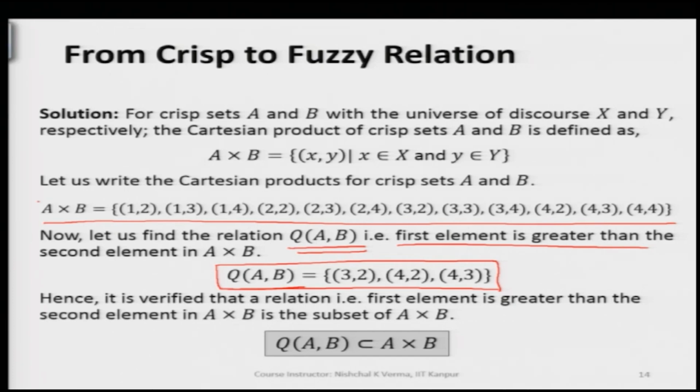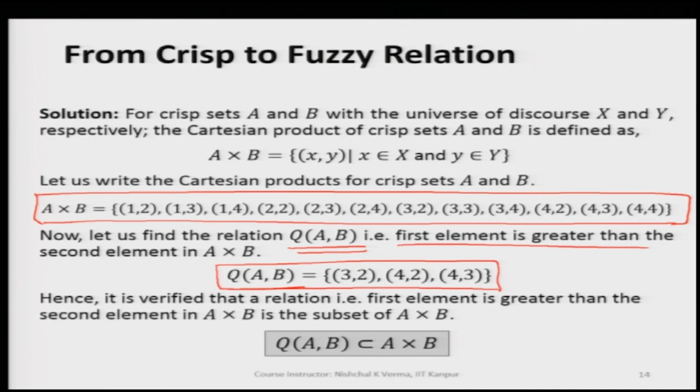So, the Cartesian product of A and B is here, and Q of A B is here, and we can clearly see that (3, 2), (4, 2), (4, 3), all these 3 pairs are drawn from the Cartesian product of A and B, after applying the condition that the first element is greater than the second element.